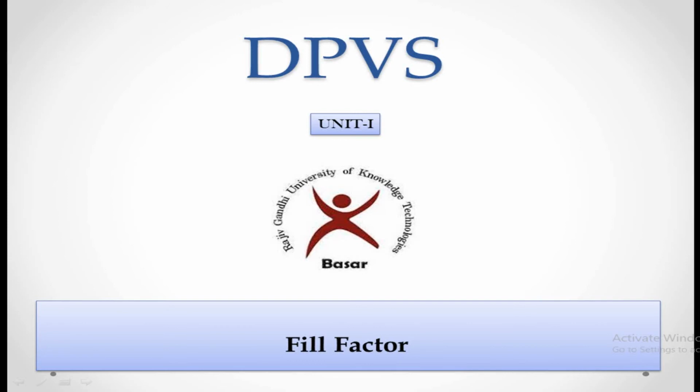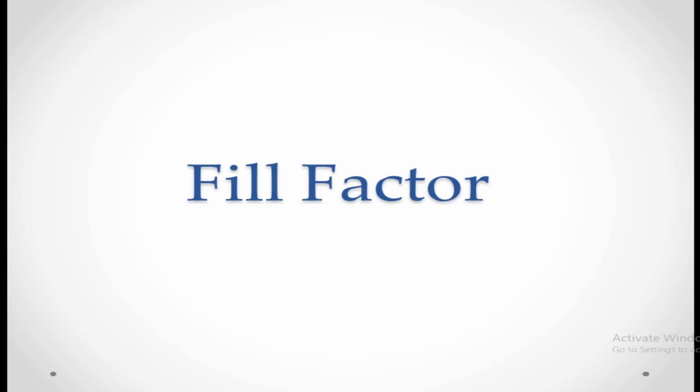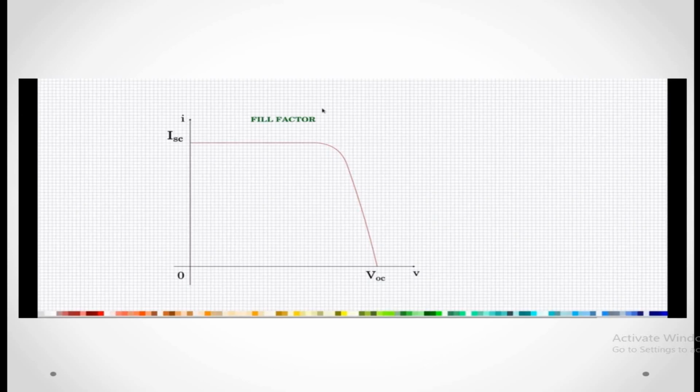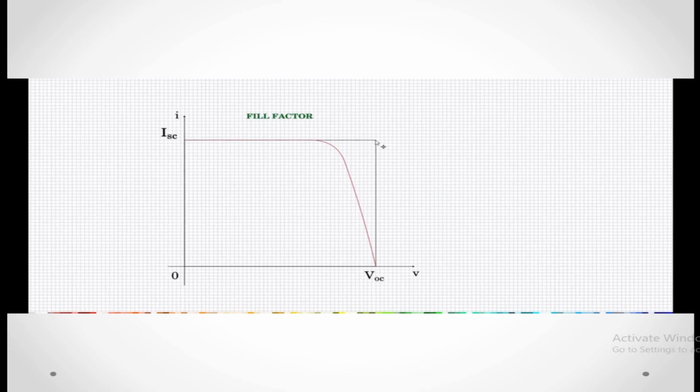For that we are going back to our IV characteristics. These are the IV characteristics of our PV cell, ISC and VOC. We know that the theoretical values of ISC and VOC are two straight lines drawn from ISC and VOC meeting at one point.